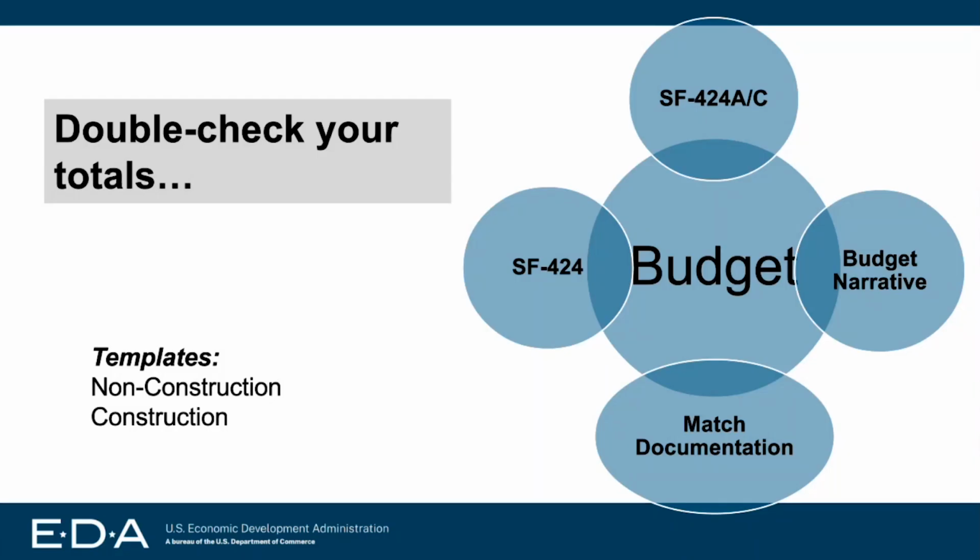The next one is match documentation. Whoever is providing match for your project, we need to make sure that match documentation is covered. And then the 424 is more general information, but it does have an overarching budget where it just asks for your top line federal requests and match requests.